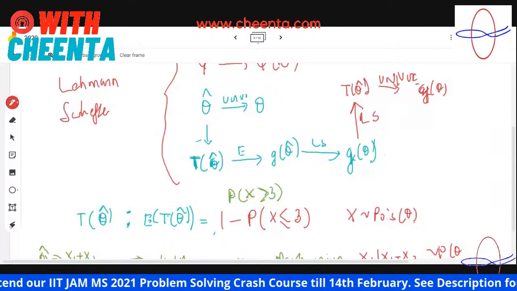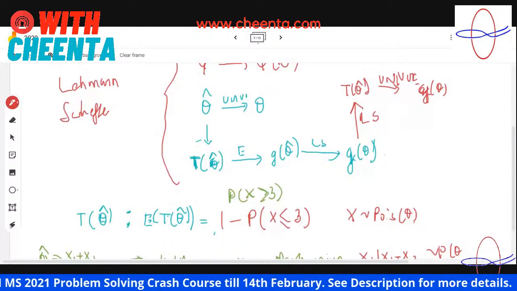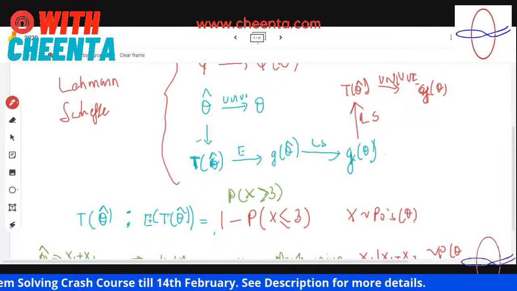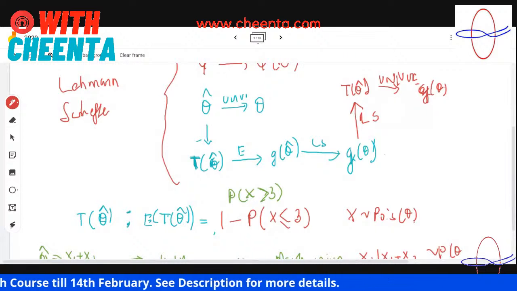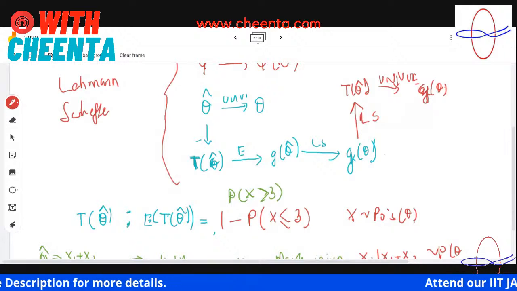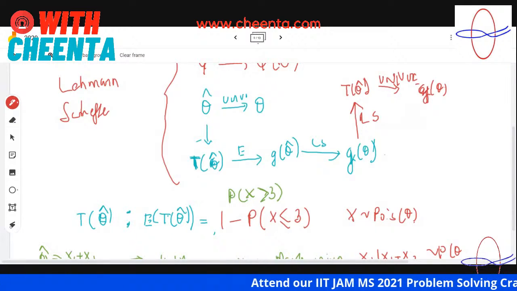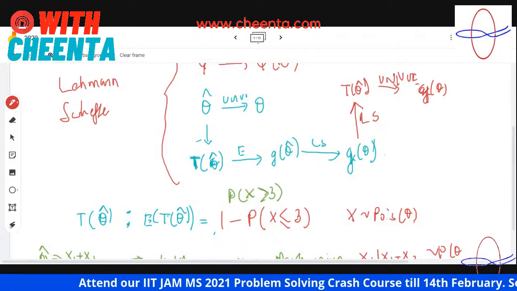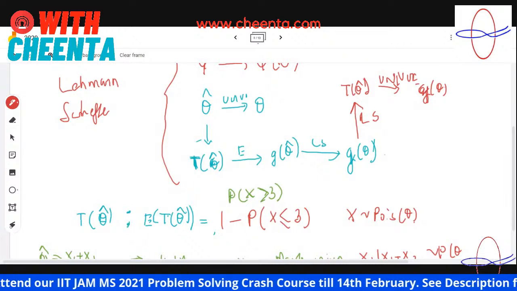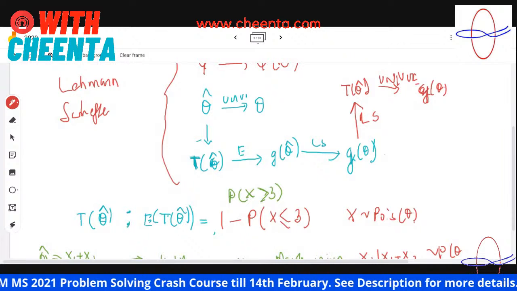See, given x1 plus x2, I think it follows binomial, right, guys? It follows binomial with half, isn't it? Conditional, doesn't it follow binomial half?